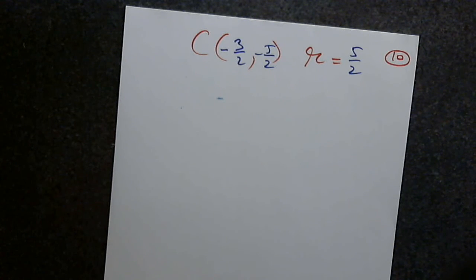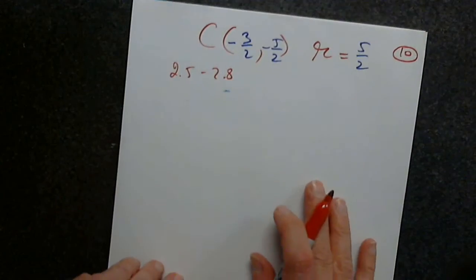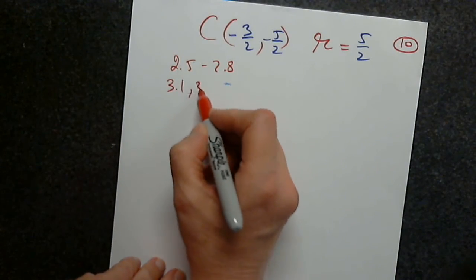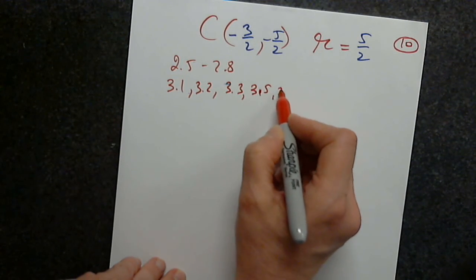Anything from chapter 2, but obviously 2.5 to 2.8, because everything else was prior to 2.4 on test 1. So 2.5 through 2.8, as well as 3.1, 3.2, 3.3, 3.5, and 3.6.